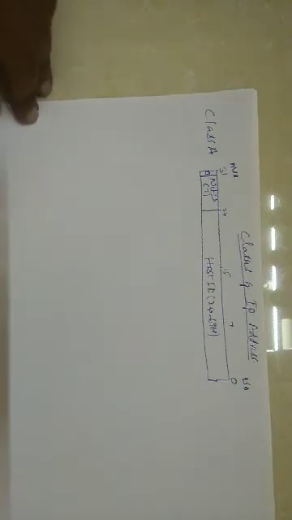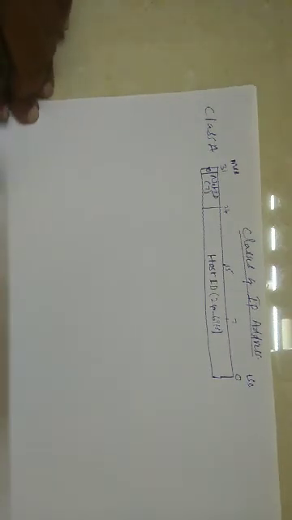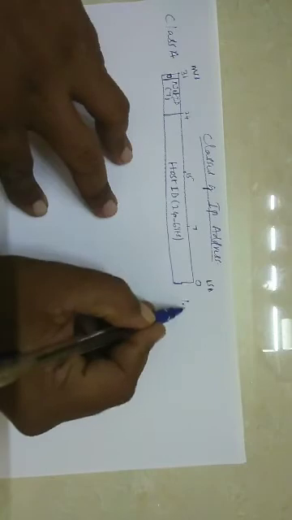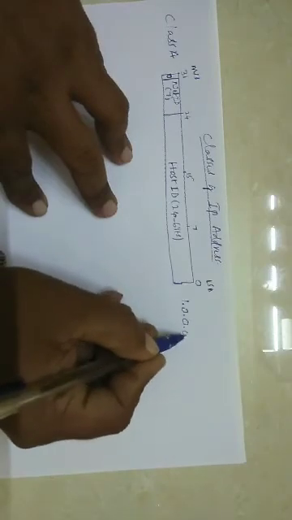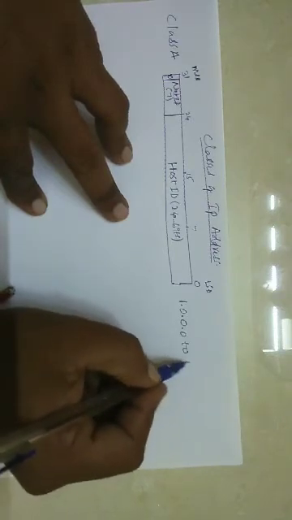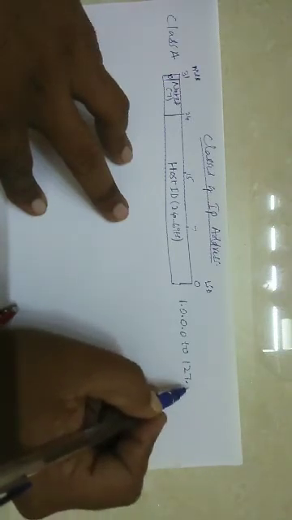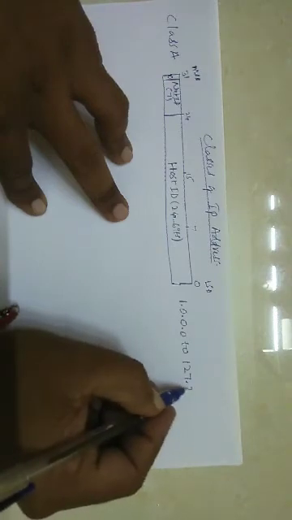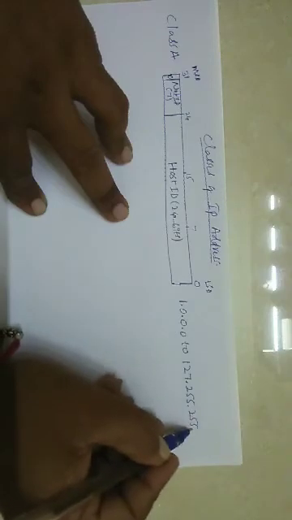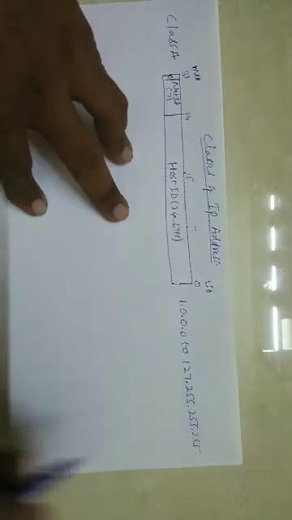The range of addresses for class A is from 1.0.0.0 to 127.255.255.255.